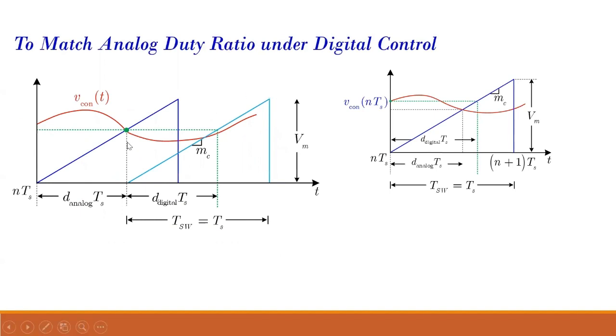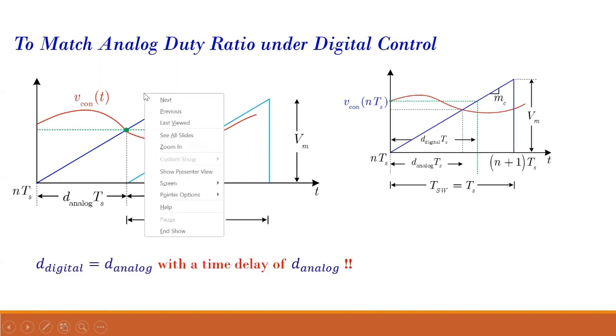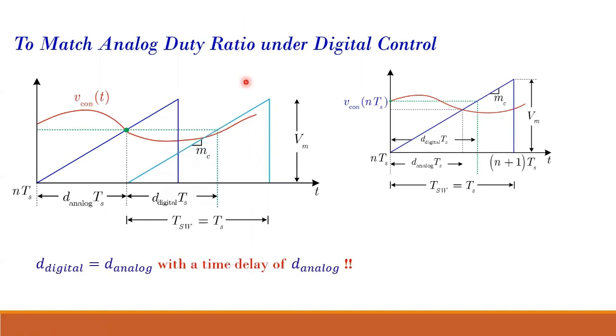So this is my actual, let me put point. This is the ramp signal, which was the earlier ramp signal. And this is my analog V-con, and this is my digital V-con. So what we do, initially we're taking the sample at the start of the ramp.